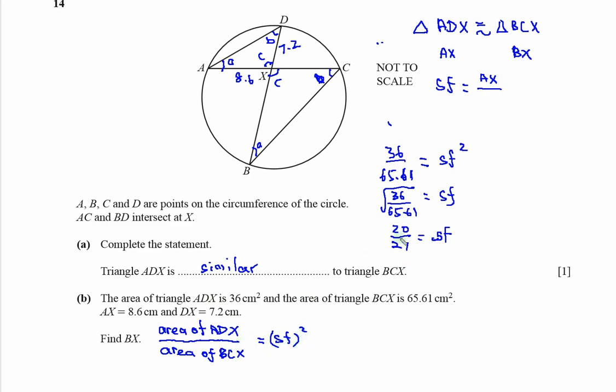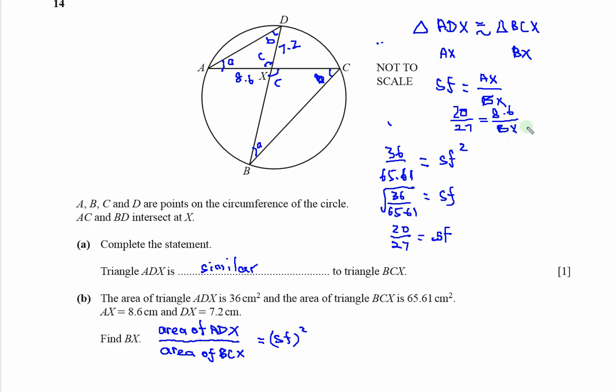So we must follow the pattern. So this is BX. Now scale factor, by square root of this, I got 20 over 27. Okay, AX is given as 8.6. Then BX we will have to find from here.